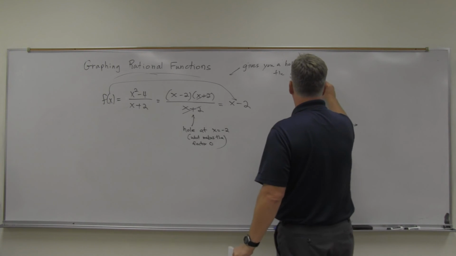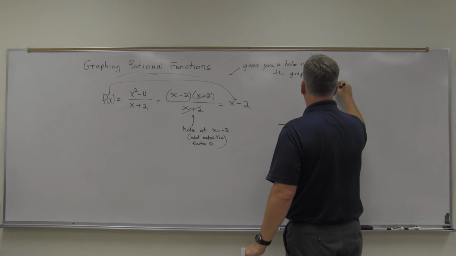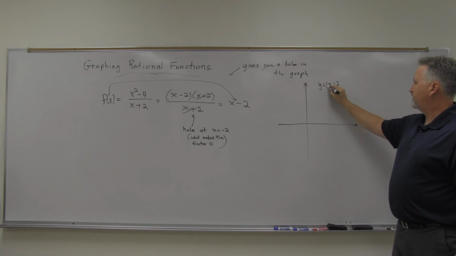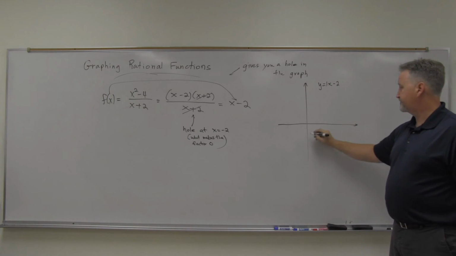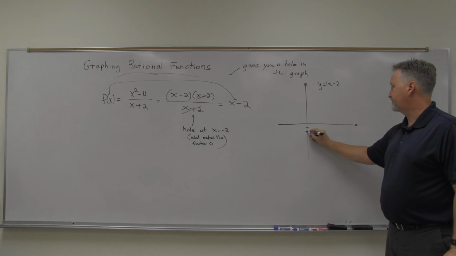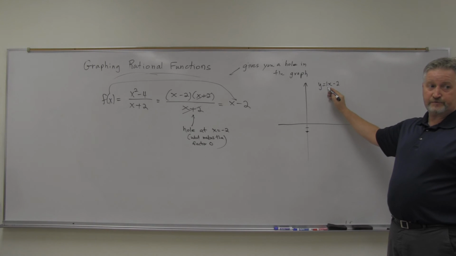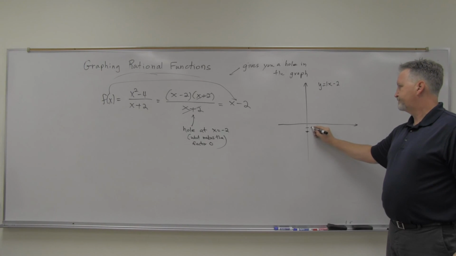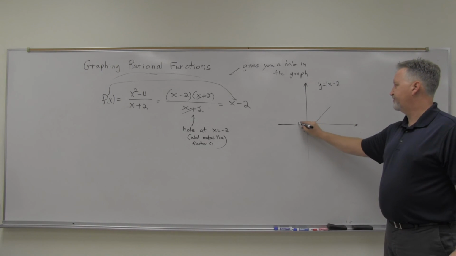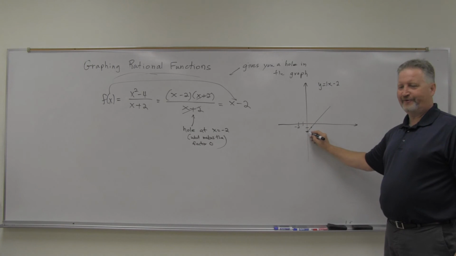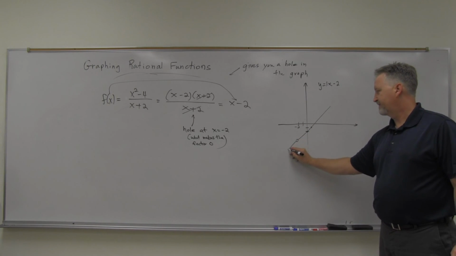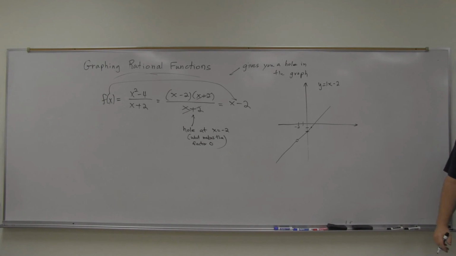So if I graph y equals x minus 2, m is 1, b is negative 2, so the y-intercept is negative 2. m is the slope, so rise 1, run 1. And so it gives me this line, except at negative 2 it's got a hole. When I get to negative 2, I put a hole in it, and the rest of it follows suit.